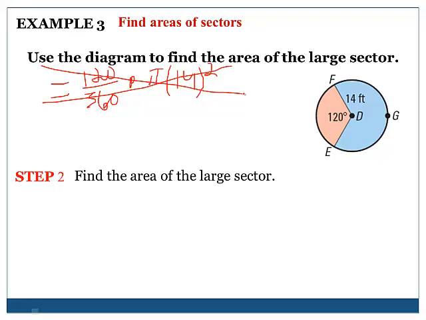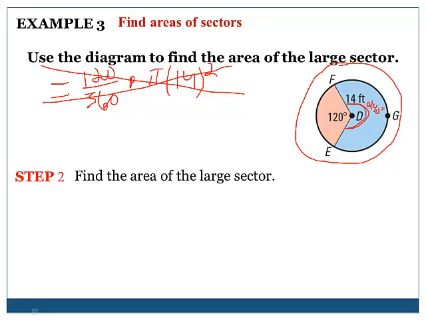We're looking for the area of the large sector, so that would be the color blue. And we need to find this angle here. In order to find that angle, we could just do 360, which is the entire distance around a circle, minus 120, which will give us 240. So this measure inside here will be 240 degrees.